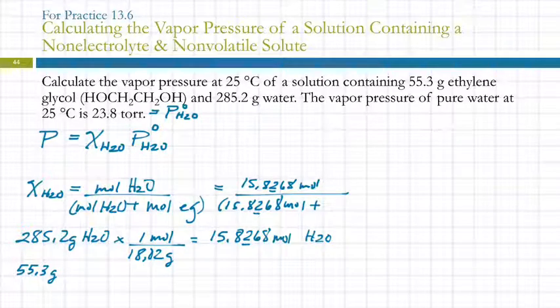So we're given the formula there. There's 6 hydrogens, 6 times 1.008, plus 2 carbons, 2 times 12.01, plus 2 oxygens, 2 times 16, and then 62.068.